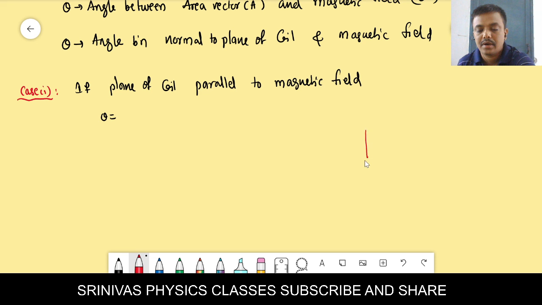That's why, for example, if this is the coil and this is the field, what about the normal to the plane of the coil? Here the plane is parallel.